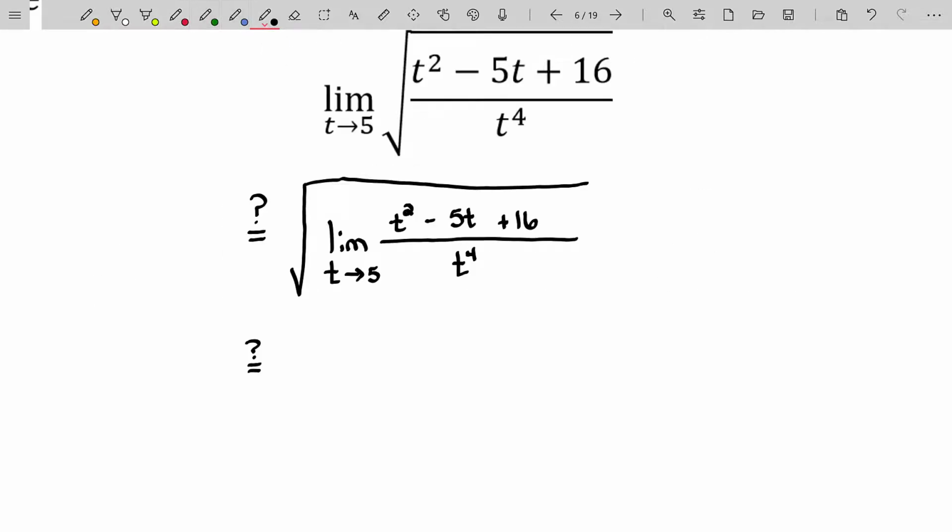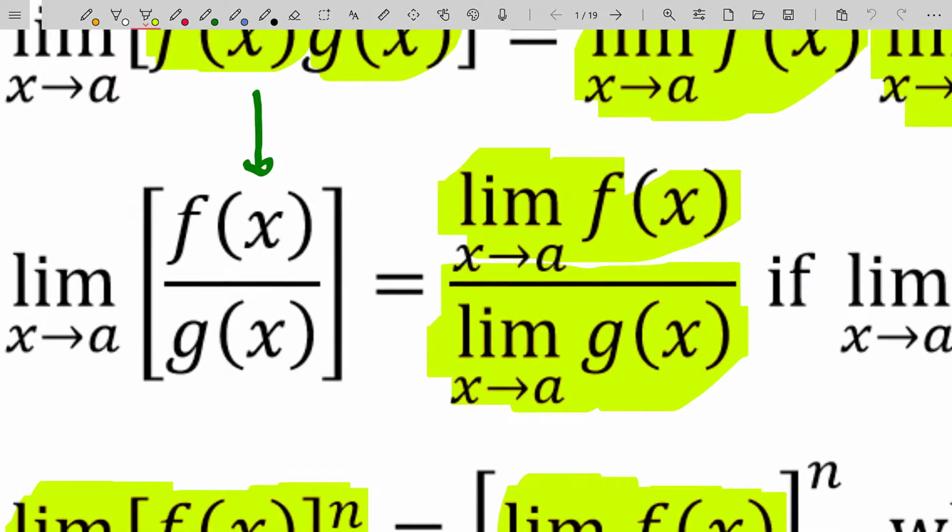Now from this point forward, every time that we have a concrete thing that's been moved outside of the limit, I'll write that in green. Now I'm going to split this limit into both numerator and denominator using this limit law right here.